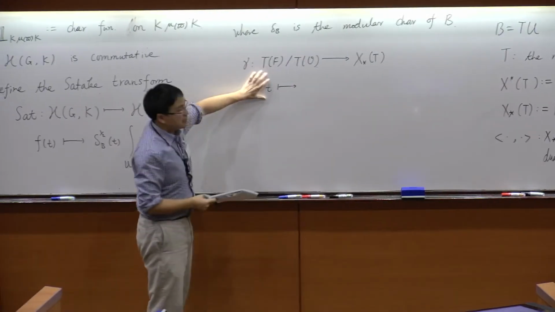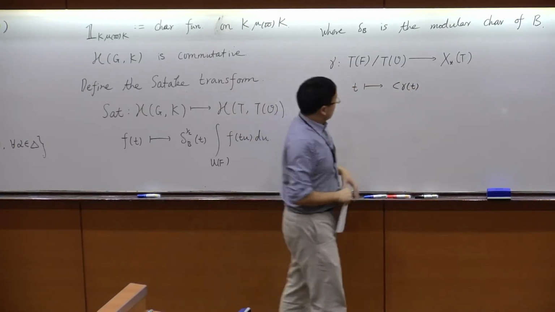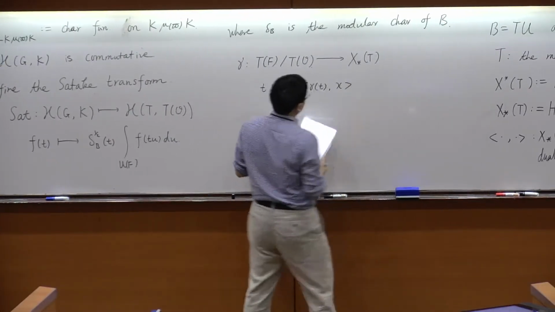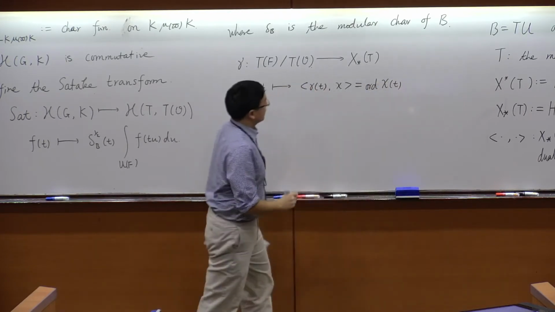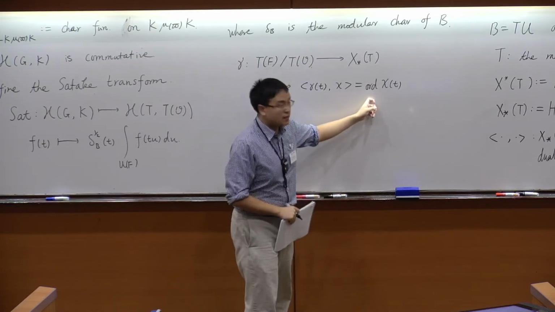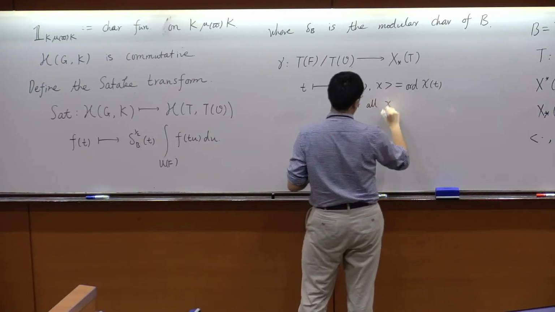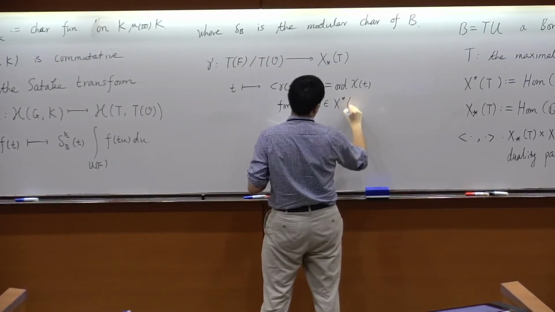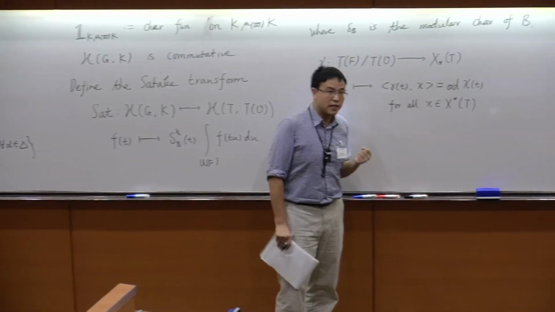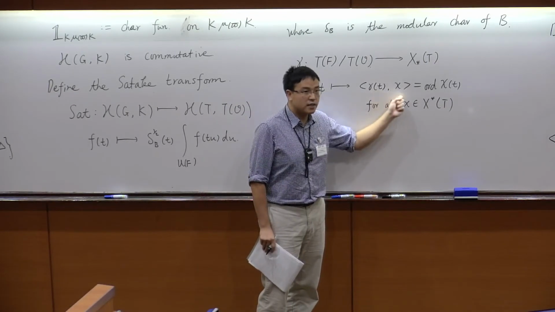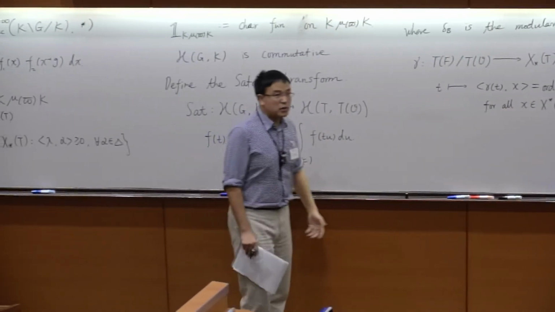I put an element in this coset, and we can define a co-character, gamma_t, such that gamma_t takes the inner product with all the chi equal to the valuation, for all the characters of the T. So we are looking for the image of t, this gamma_t, which is a co-character, and this is going to give us an isomorphism map.